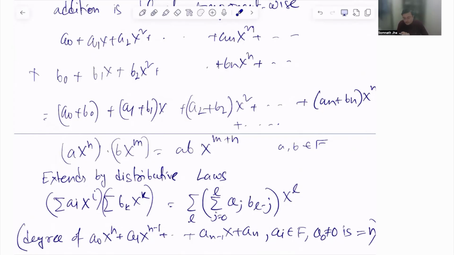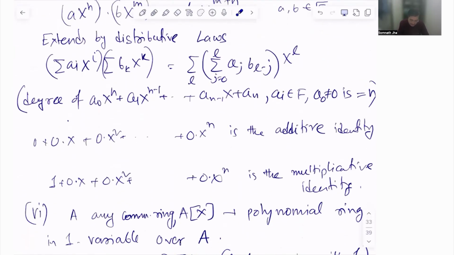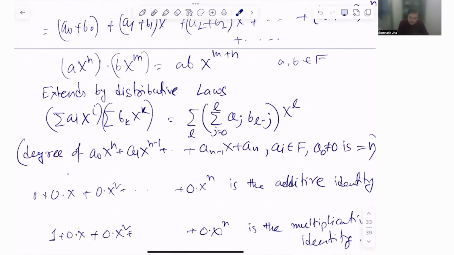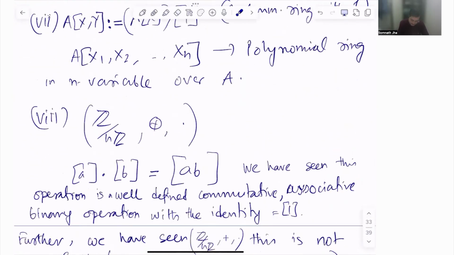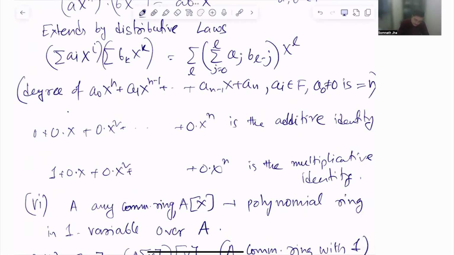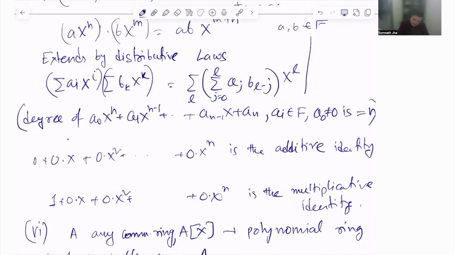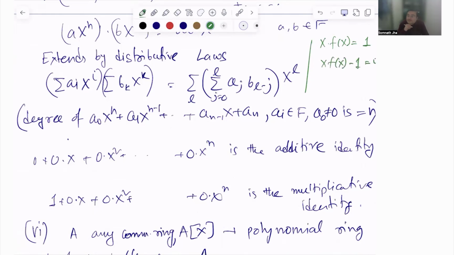So every element has an additive inverse, and this is not a field because x, for example, is not invertible here, right? So let's say if x into f of x is equal to 1, that means you get x into f(x) minus 1 is equal to 0, right?